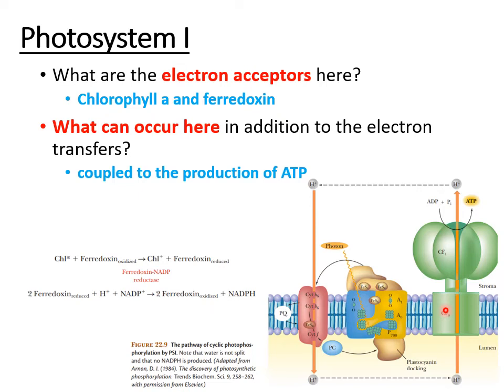So it's valuable that you can have the coupling of photosystem 1's electron transport to the production of ATP. And you'll notice that when you have this, photosystem 2 is not involved at all. There's no oxygen produced here. This is only getting coupled to photosystem 1, which we saw was after the electrons are passed from photosystem 2.